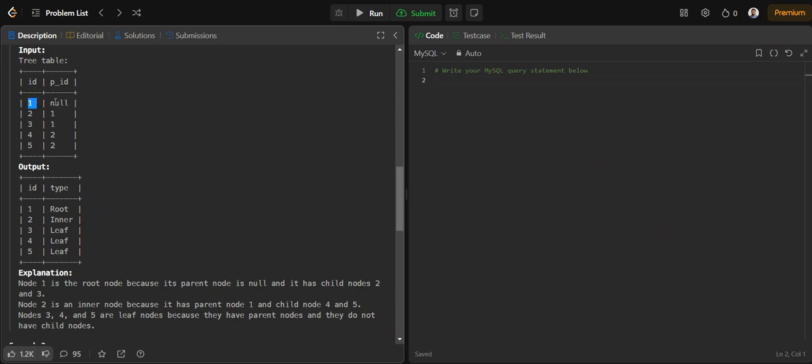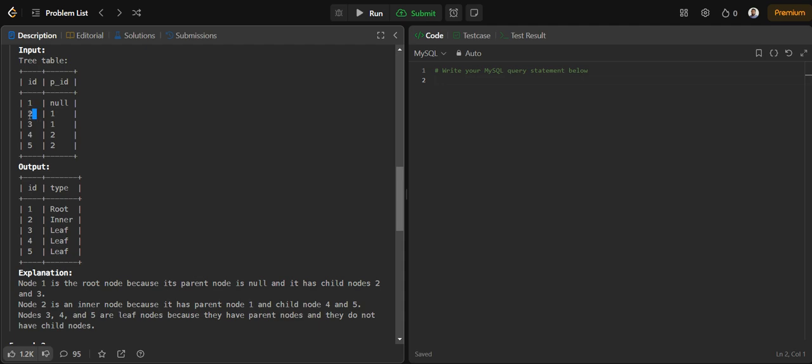If an ID has no parent ID, that means that ID is root, simply. Then, if a particular ID is present in the PID column, that means this ID will be parent of some other ID.